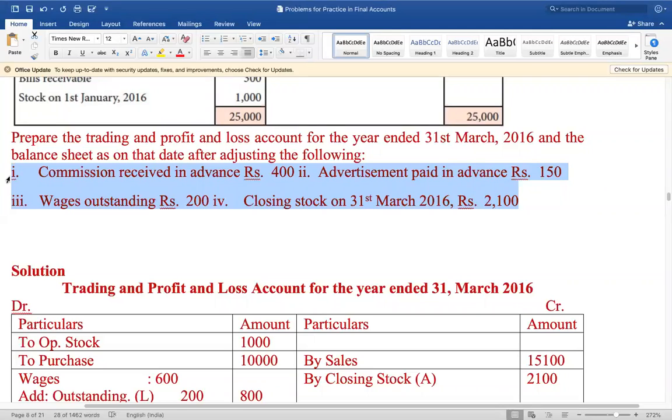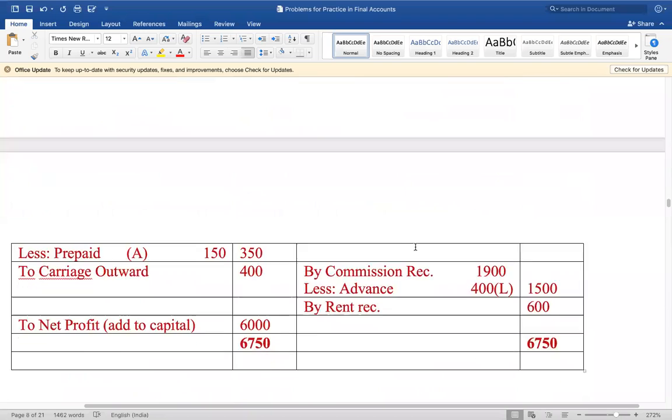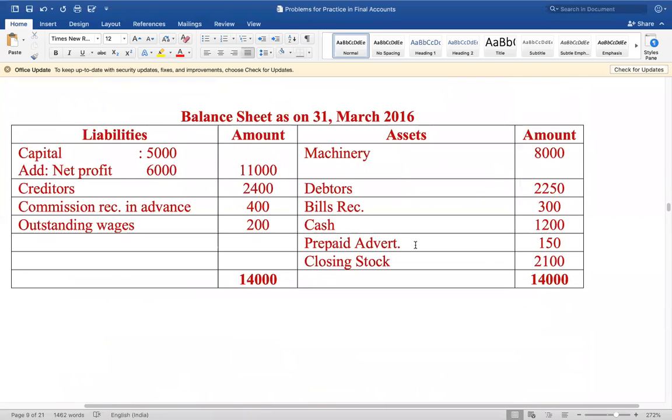Any doubt, Shabri? Sir, can you just go to the balance sheet once? I'm checking that. Commission received in advance also, you have added in the liabilities, right? She asked that question. Yeah, liability. If we are receiving commission, how will it be a liability, sir?